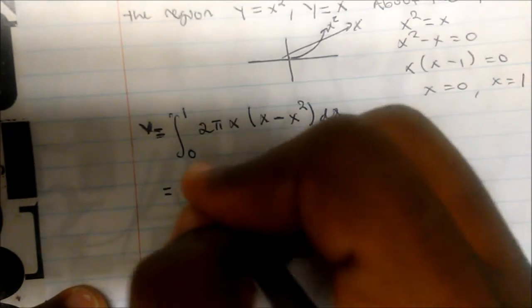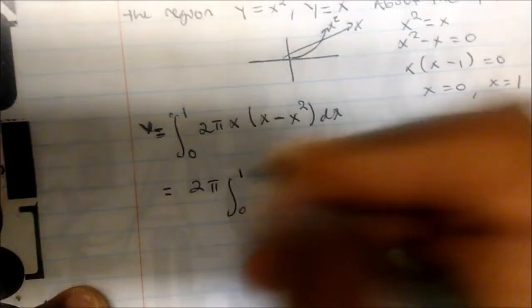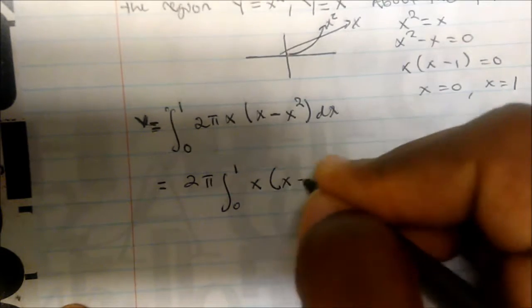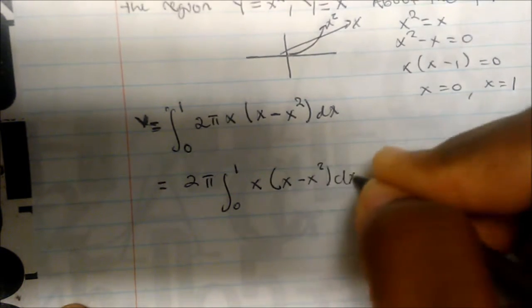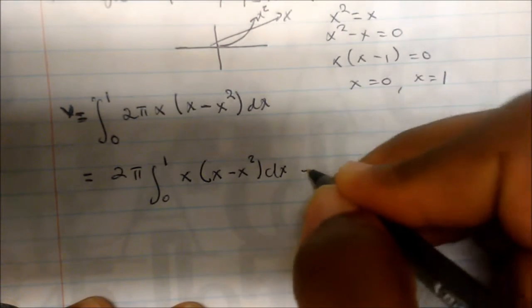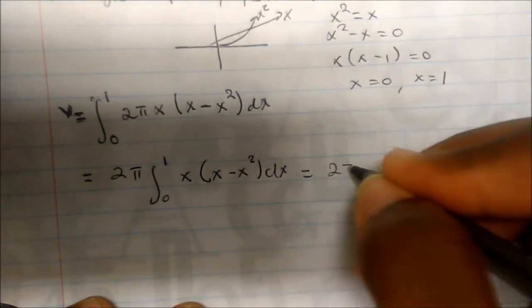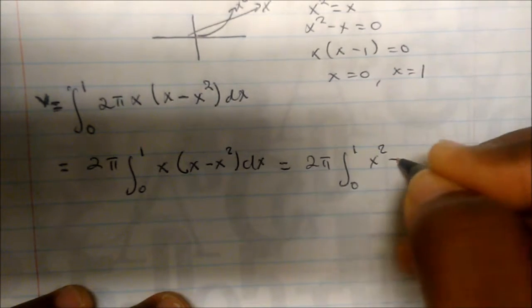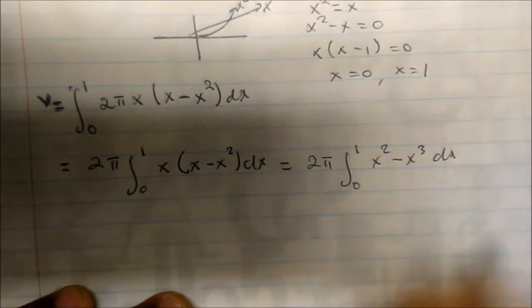Well, again, 2 pi is just a constant, so I could factor that out. So this becomes x times x minus x squared dx. I could multiply and distribute across. So this becomes 2 pi times the integral from 0 to 1 of x squared minus x cubed dx.